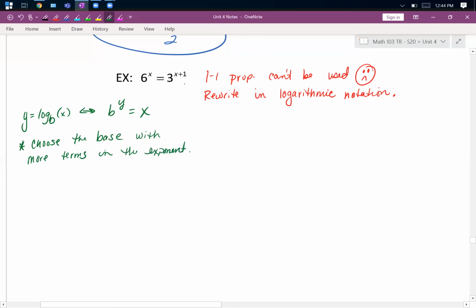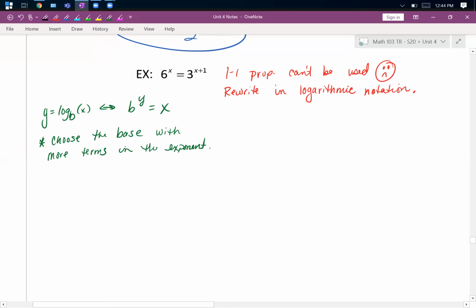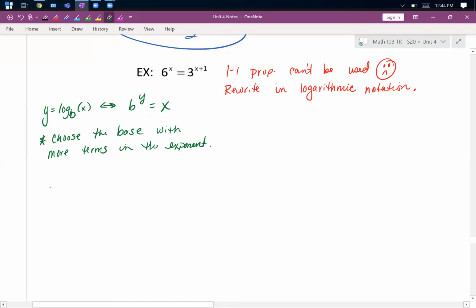So I would definitely choose to rewrite this in terms of log base 3. All right, so here goes our logarithmic rewrite. We're going to have log base 3 of 6 to the x equals x plus 1.